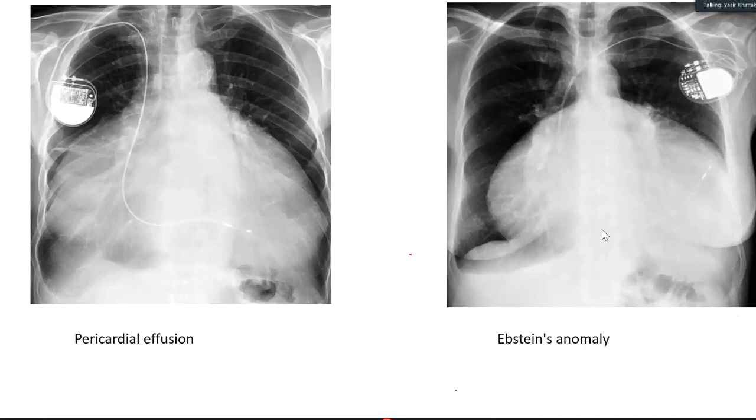You see the pacemaker position, the lead position is different. That means the cardiac chambers in this child are very much larger than this particular case. So all the things that you see on X-ray point towards something. This is a water bottle sign, which is globular enlargement of the pericardial sac, and this is an enlarged box-shaped heart of Ebstein's anomaly.